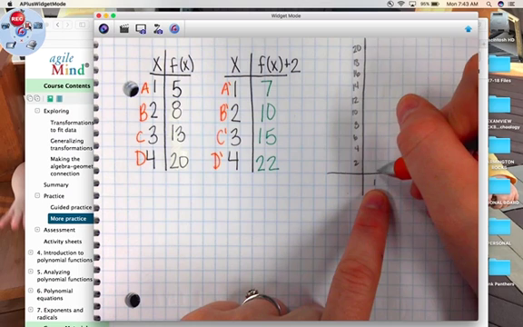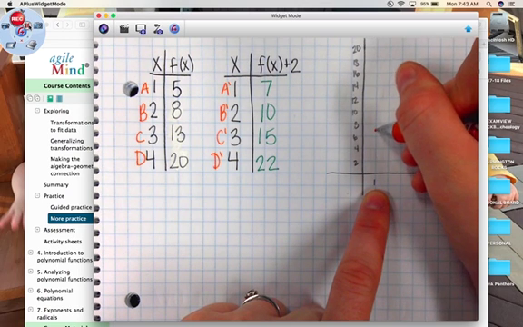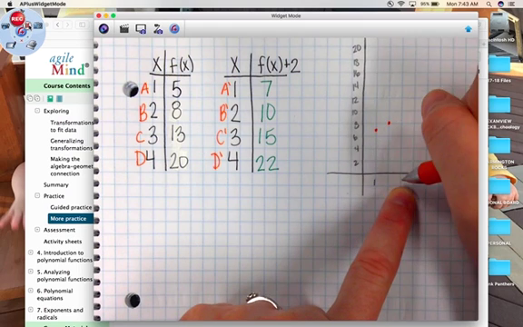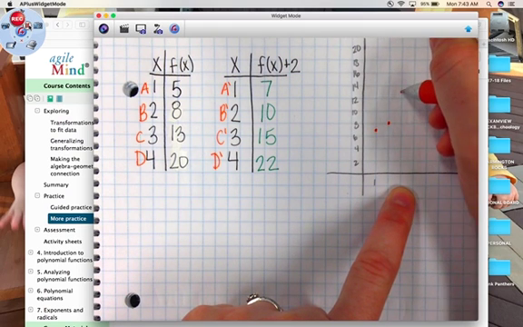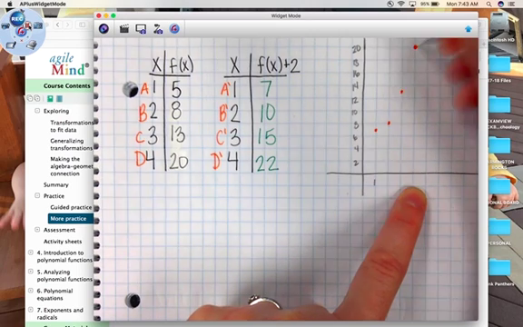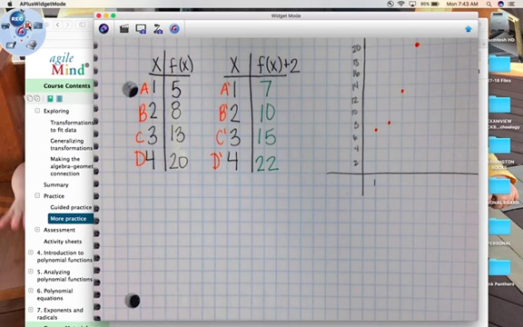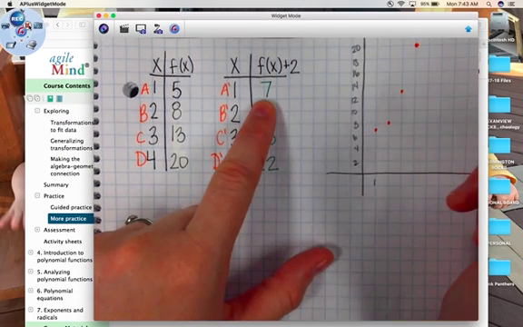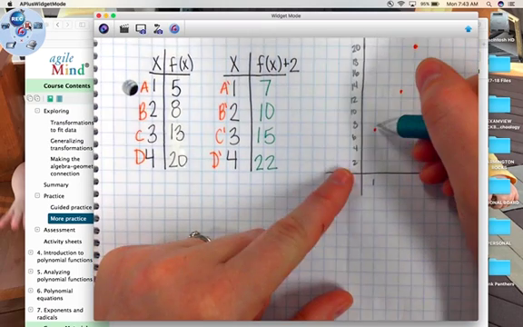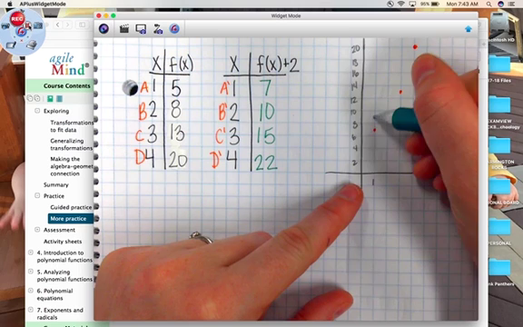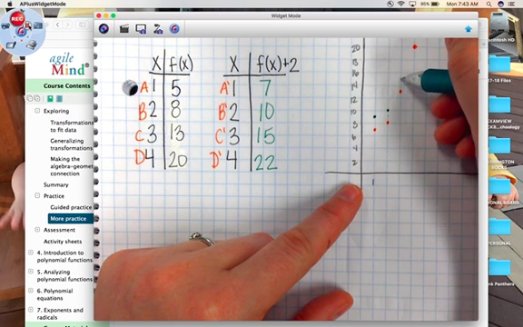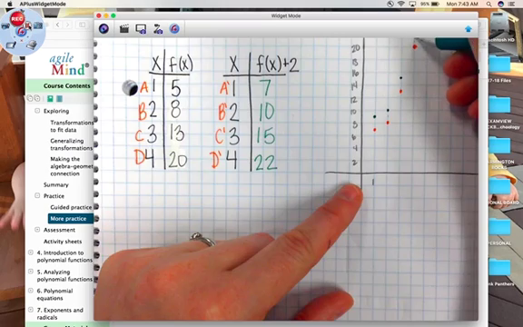So 1, 7, 2, 8, 3, 13, 4, 20. So that's the original. Now if I want to do shifted up 2, since I had to scale it a little bit weird, it would be up 1, up 2, up 1, up 2, up 1, up 2, up 1, up 2. So it would be up there.